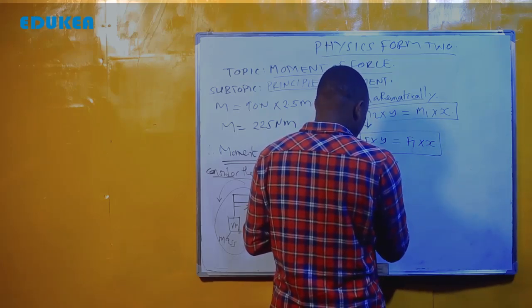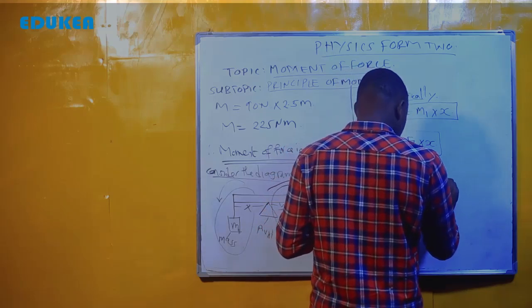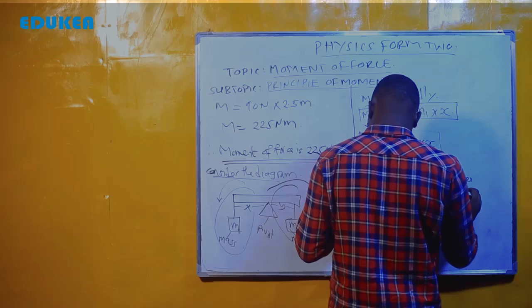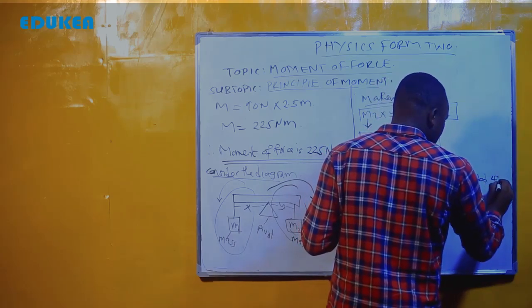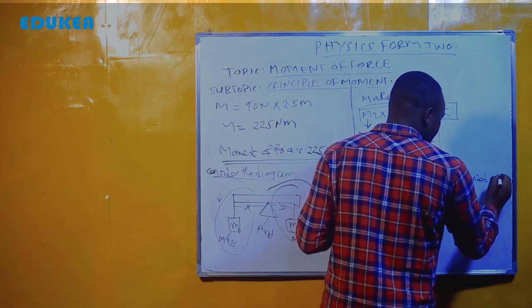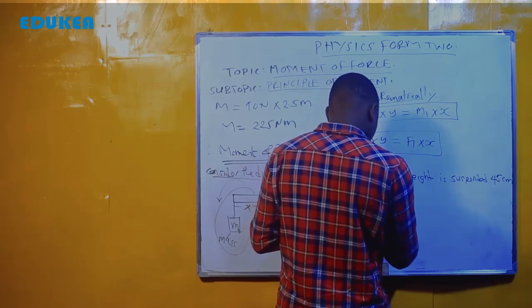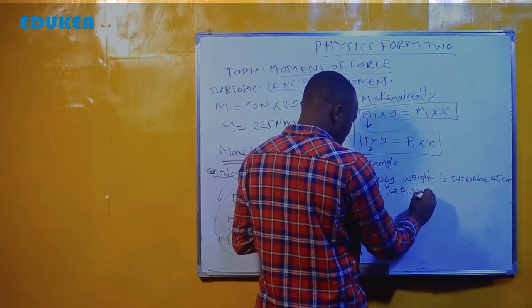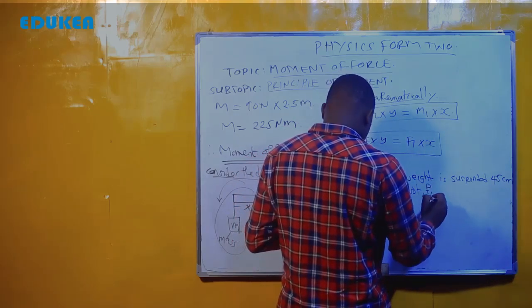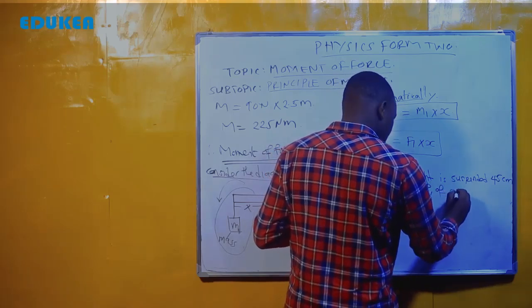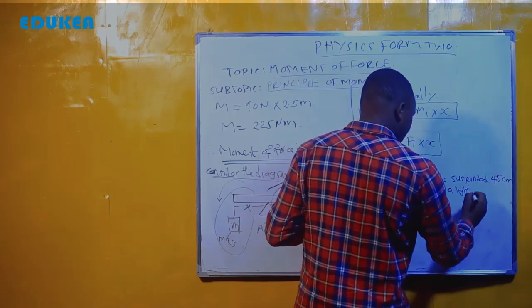A 100-gram weight is suspended 45 centimeter from the pivot of a light rod.